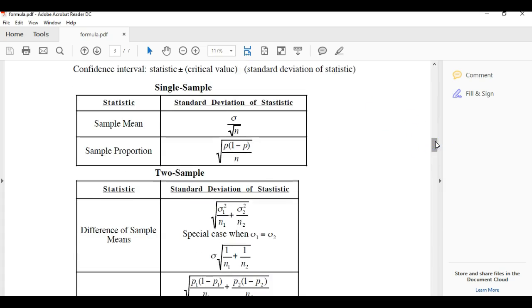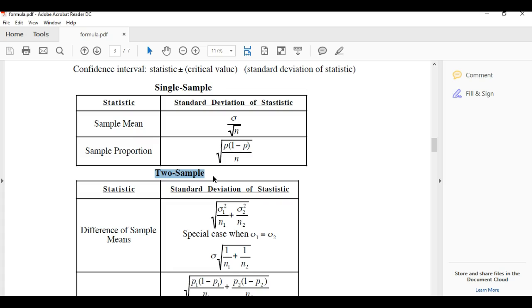Remember what I've always taught you about your method. You ask, how many samples do I have? One sample, or 2? Then you ask yourself, am I dealing with a z or a t? Remember, ZAP and TAX. ZAP has the letter P in it.